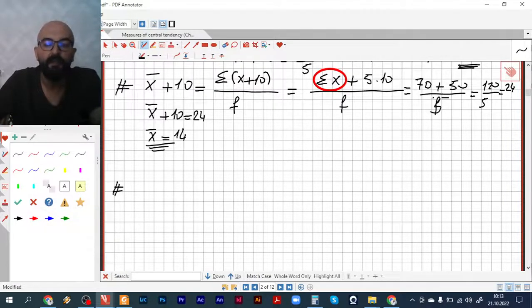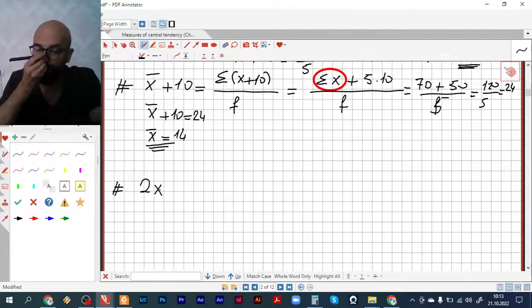Okay, and let's compute the different situation. Maybe you want to use twofold all x.